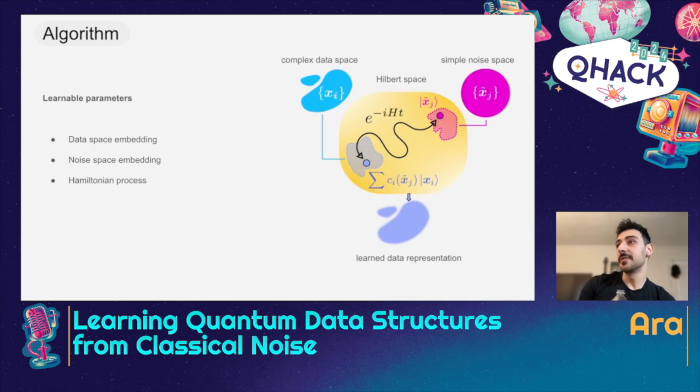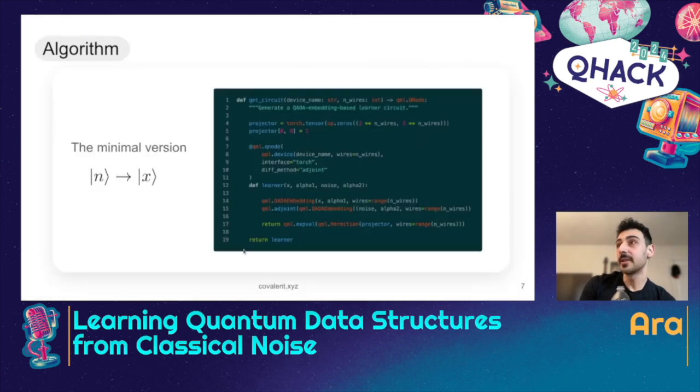But as far as the first 2, if I just go back to my circuit here, you can see that over here, I have 2 sets of parameters, namely alpha 1 and alpha 2, and then I have my data and my noise here. This looks a lot like a kernel circuit, if anyone here is familiar with that, but strictly speaking, it is not a kernel circuit because these parameters are, in general, different, alpha 1 and alpha 2.